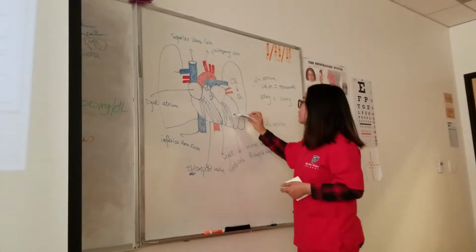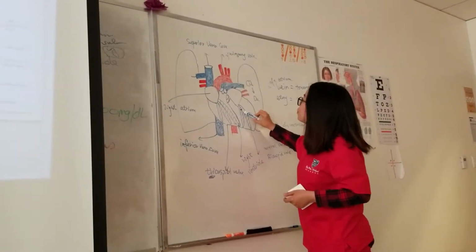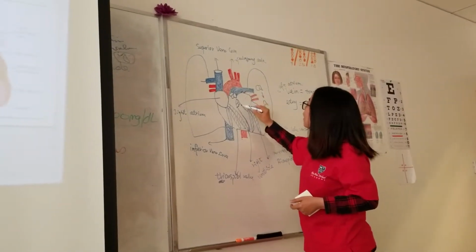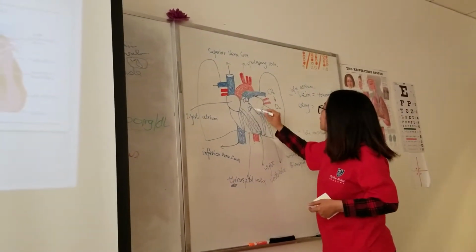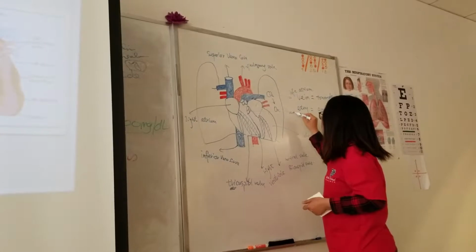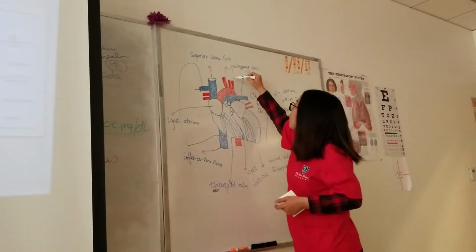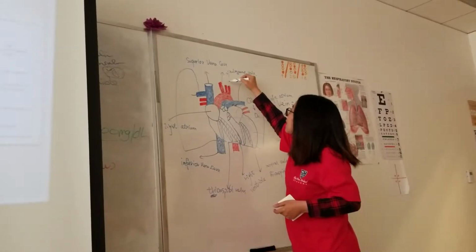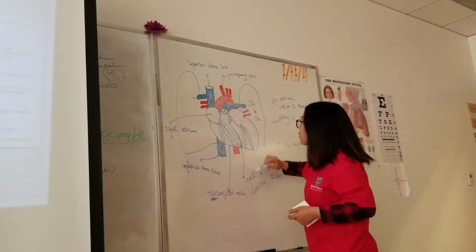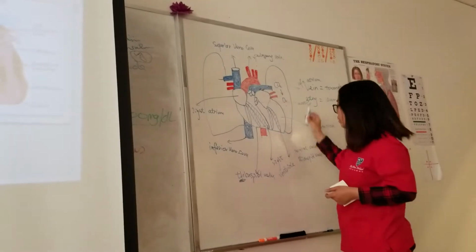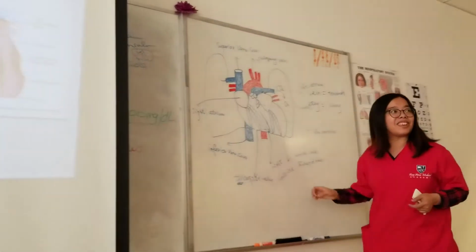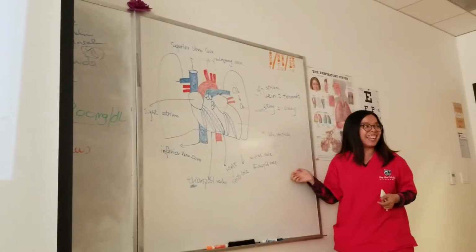And then after that, the blood goes through this valve, the aortic valve, and then goes out from the aorta to all the rest of our body. So it helps you for the EKG, right?